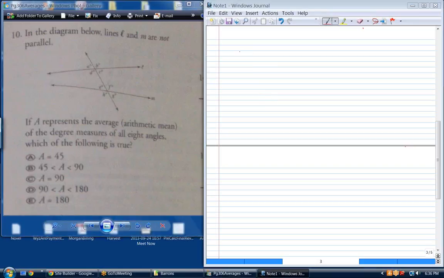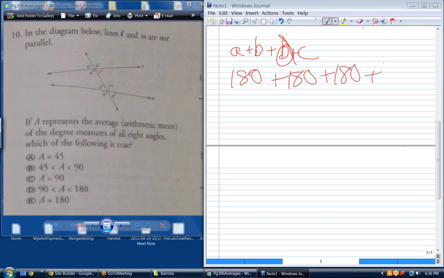Well, isn't it 4 times 180? Yeah, because each pair, in other words, if I laid it out like this, I know that A plus B is 180. I know that D plus C is 180. I know the other one is, and I know this one is. So it's this divided by 8, which has got to be 90.